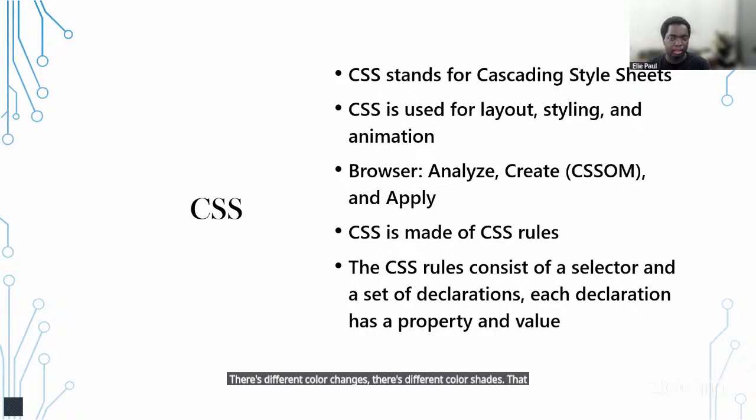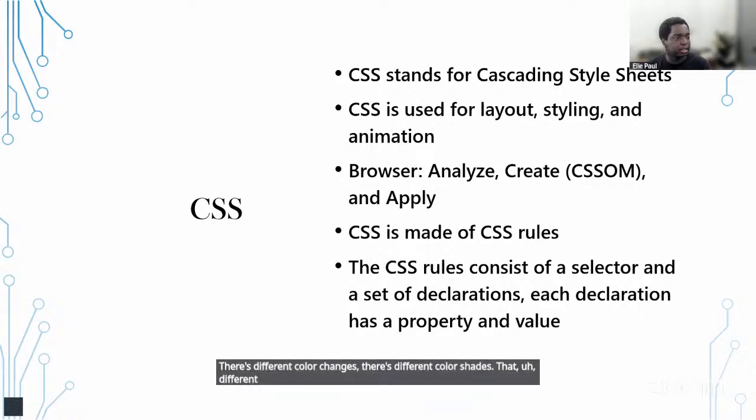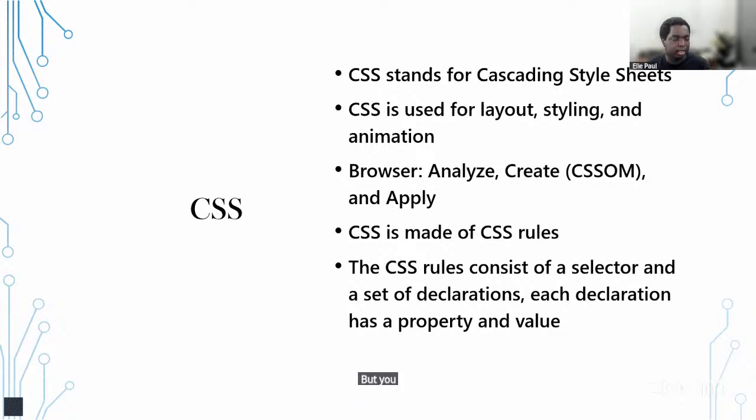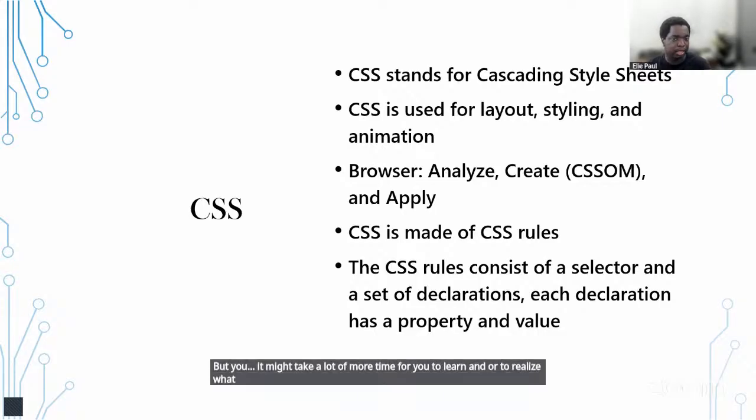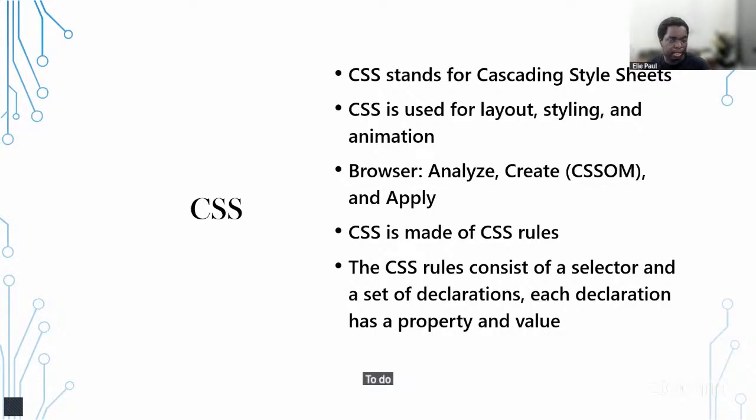different filtering options that you can do in CSS, but it might take a lot more time for you to learn and to realize what exactly you need to put as a value, as a property to do it that way. And Tailwind makes it easier for you to just put a class value and it's gonna do it.